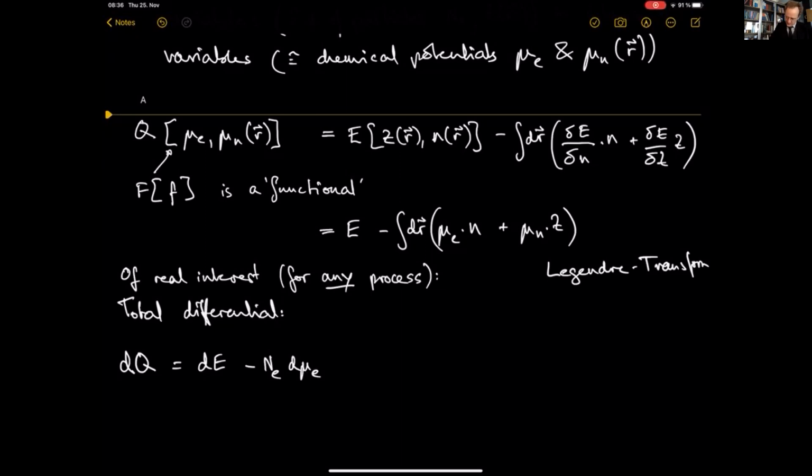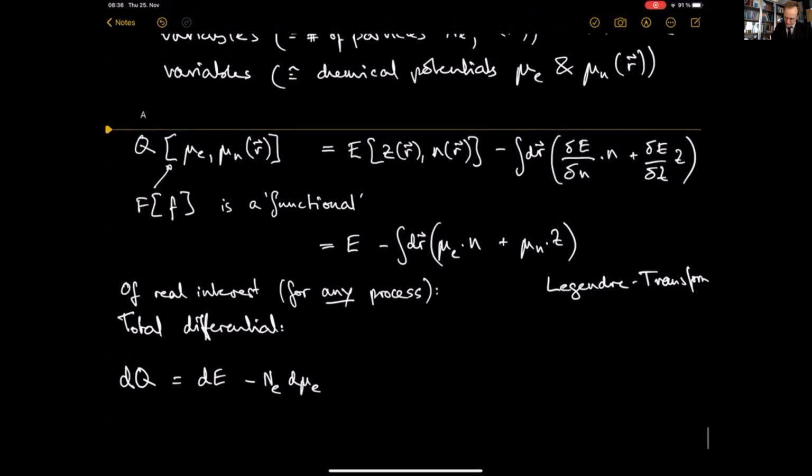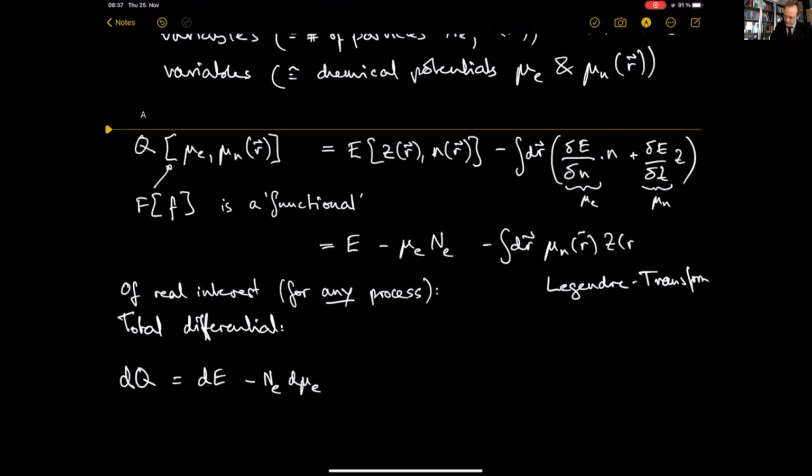Oh wait, I forgot one step above for the Legendre transform. Let me put it like this. This here is mu E, and this here is mu N. Now you see that we have mu E times Ne minus the integral dr mu N of R times C of R. What happened here is that mu E is the global constant, not spatially dependent. So you can pull it in front of the spatial integral, and then you integrate over the electron density and you get your number of electrons.